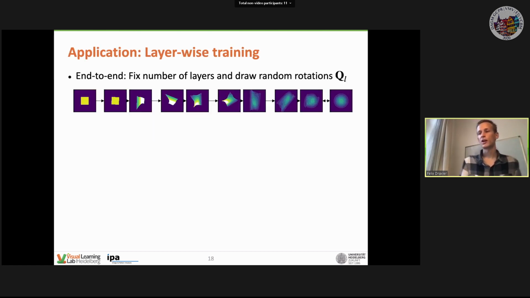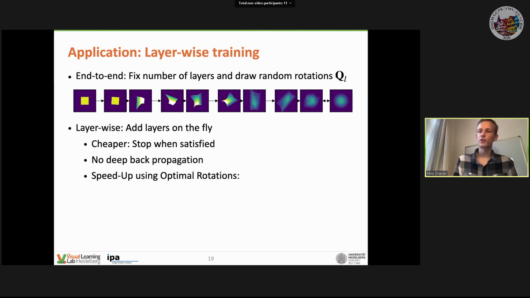And now we can apply this for layer-wise training. So think of end-to-end training where you fix the number of layers beforehand, and then you draw random rotations Q_L before training. And then you train it and obtain some flow that in the end hopefully approximates the distribution you were looking for. Now with our theory, we can make layer-wise training more efficient.